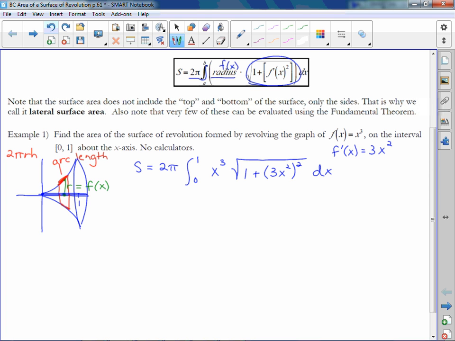All right, next I'm going to go ahead and square it. And I get 2 pi, integral from 0 to 1, x cubed, square root of 1 plus 9x to the 4th, dx.